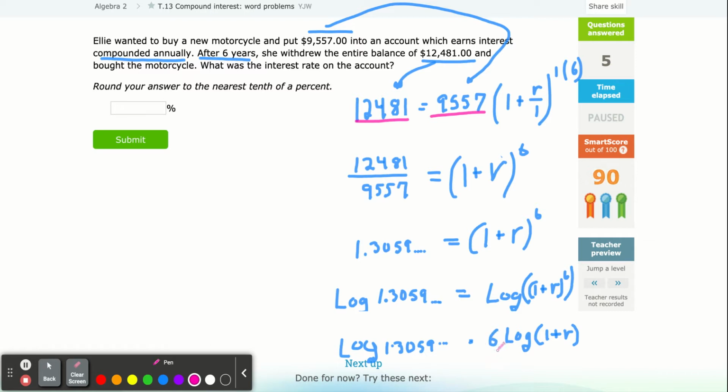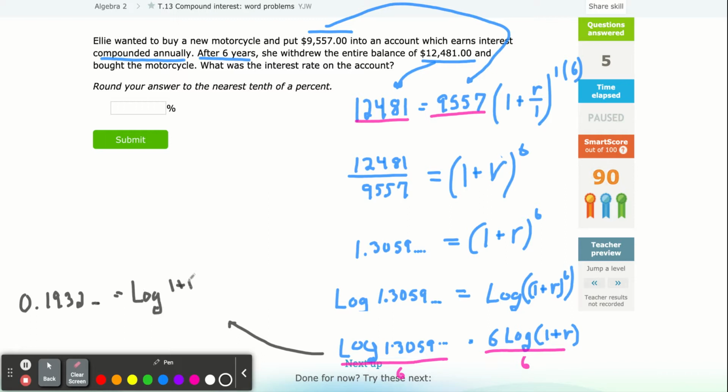So at the moment, I'm just going to have this log equaling the log of 1.3059 divided by 6, which when I divide both sides by 6, I get 0.1932 equals log base 10, because it's the common log, of 1 plus r.